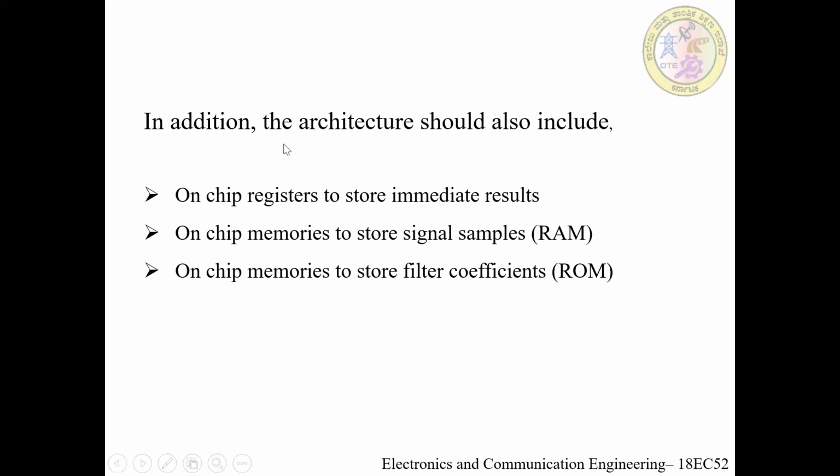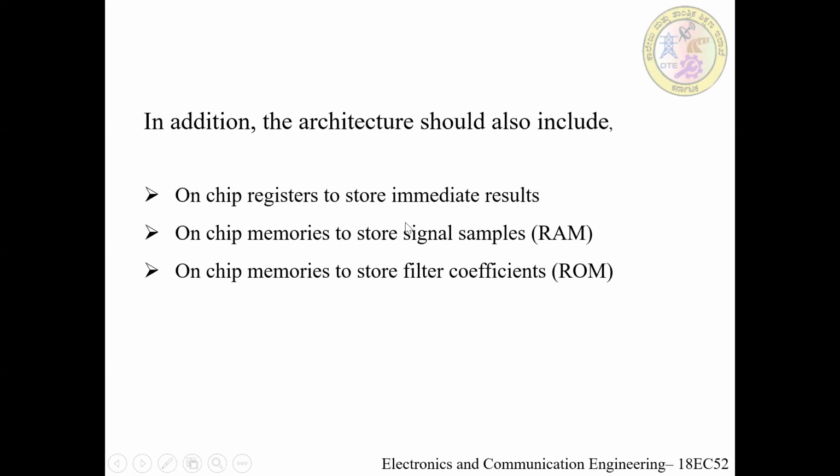We can observe here all these on-chip registers and on-chip memories. This ROM is permanent memory for storing filter coefficients because these are not going to get altered in real time. But these are RAM, that is random access memory, which changes as the incoming signals change.